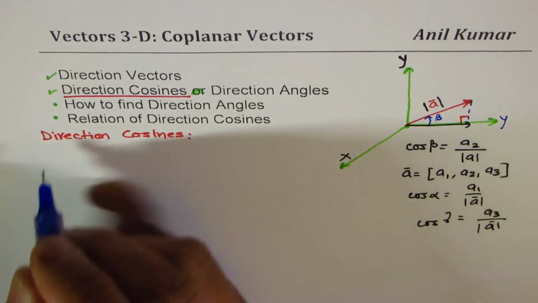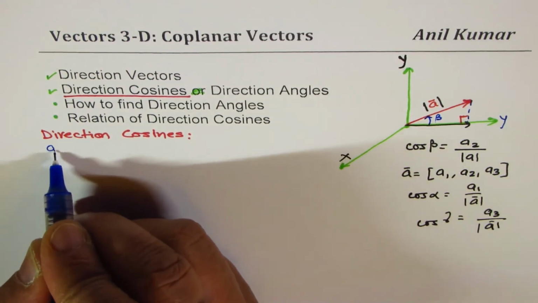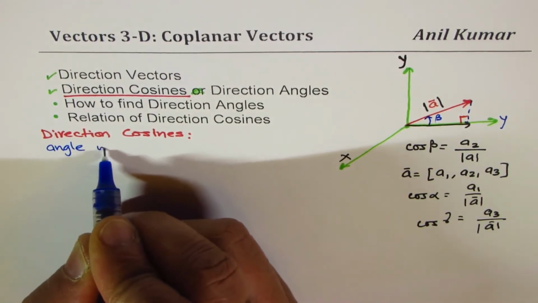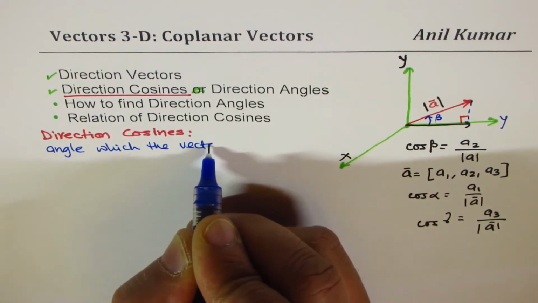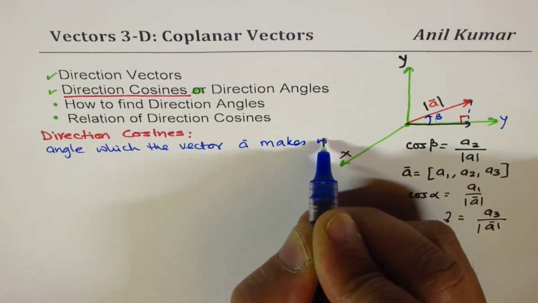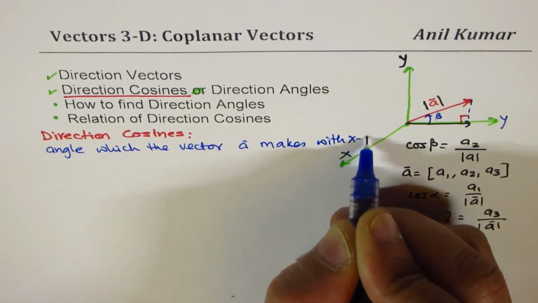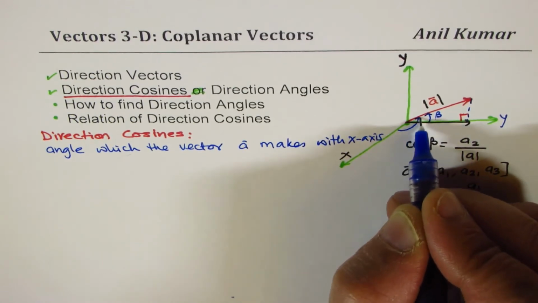That is, you know what the dot product is. So if I'm finding the angle which the vector A makes with, let's say, the x-axis, with the x-axis, we are saying the angle is alpha.